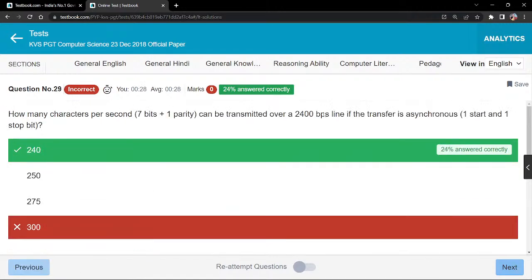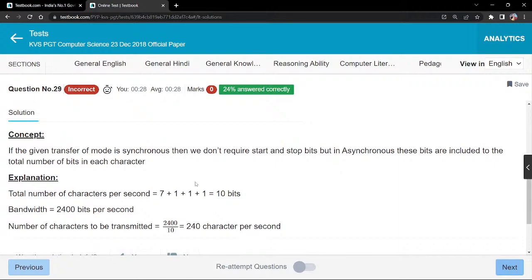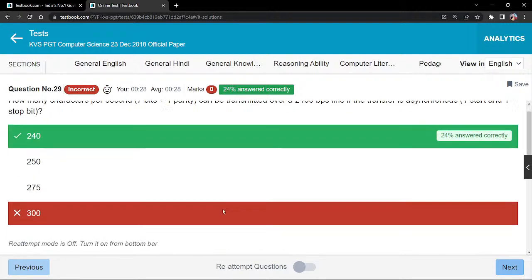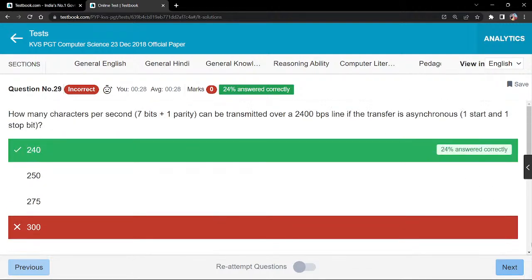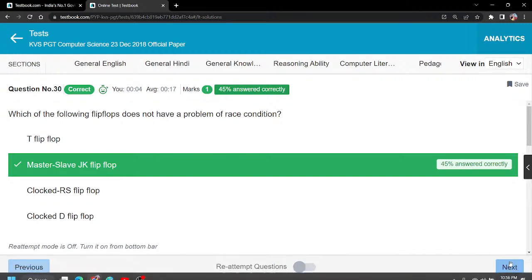For transmitting bits per second in asynchronous transmission, we have to add all the bits, 7 plus 1 plus the rest. Next is the race problem in JK flip-flop.